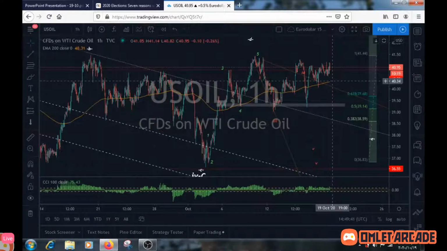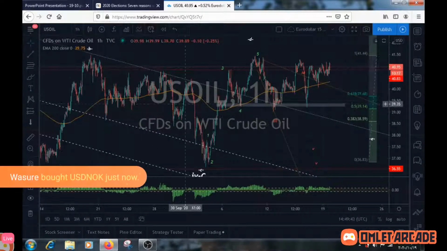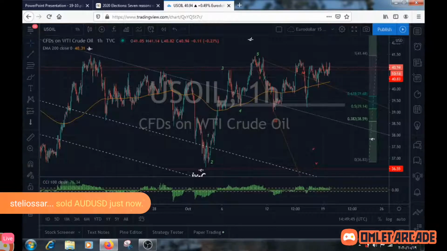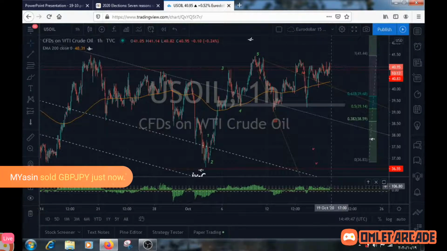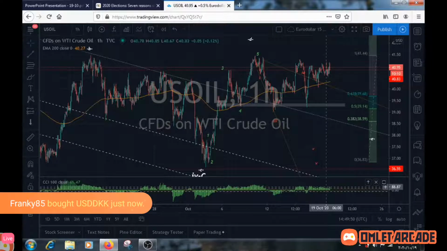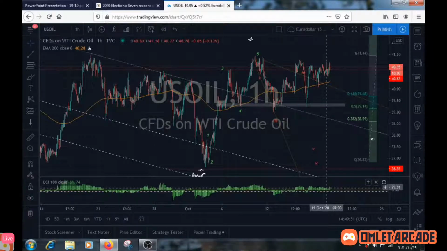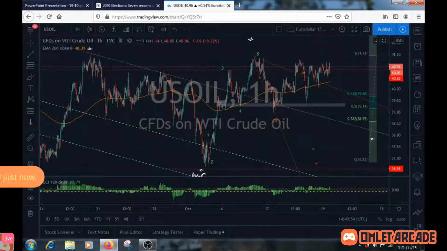I expect we will be breaking out higher, but we'll have to do a resegregation of that because we already have continuous momentum on the hourly chart. We appear to be about to break out higher.